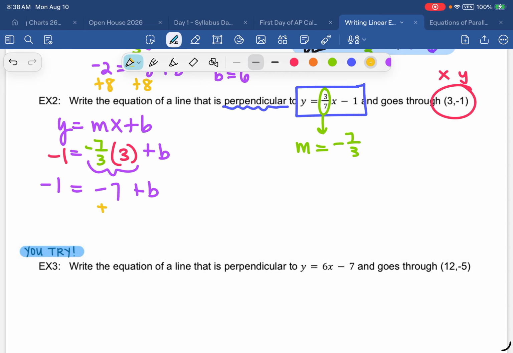Add the 7 over. And oddly enough, it looks like we end up with the same b value in this equation. I think that might just be coincidence. But we get b equals 6 here as well. So our final equation for this example is y equals -7/3 x plus 6.